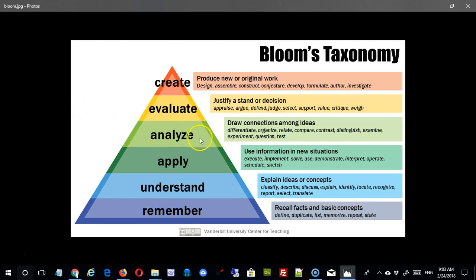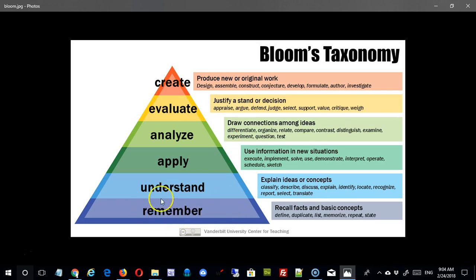Okay, I am going to jump ahead to the top for a moment, and I can understand why they reverse these, although I personally still like them in this order, to the creation process. Now, create does not mean simply to make something. Create means to produce something new and original. So I'm not following a pattern, I'm not following a model.